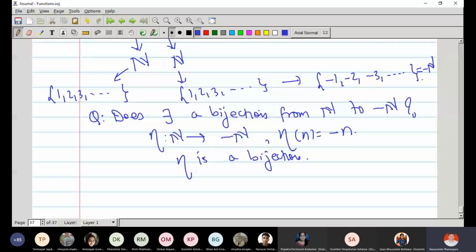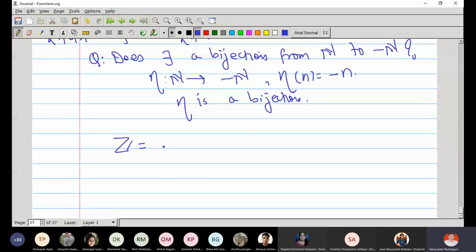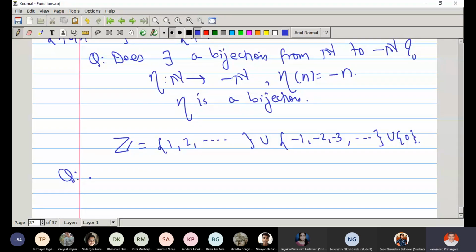So now the question is, what is the set of integers? It is the union of N, minus N, and 0. Now the question is, does there exist a bijection from natural numbers to integers?